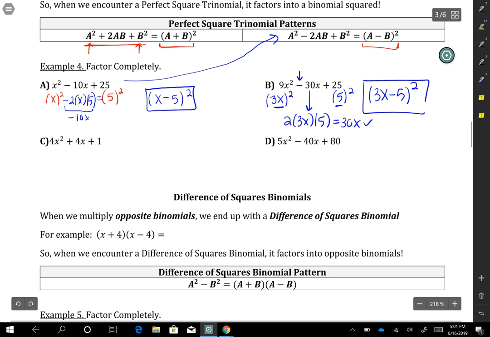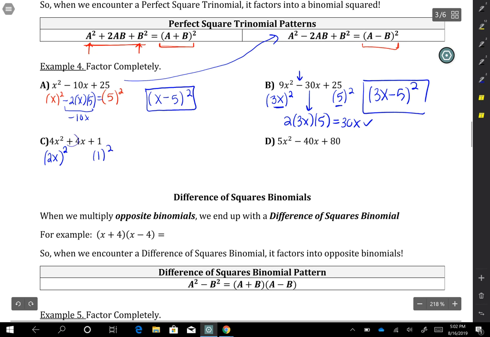So we're good. All right, letter C, 4x squared plus 4x plus 1. All right, no GCF here. Let's go ahead and start doing square roots. 4 is a perfect square, so 4x squared would come from taking 2x and squaring it. 1 is also a perfect square. That's just 1 squared.